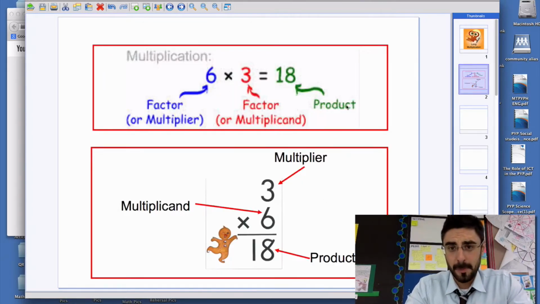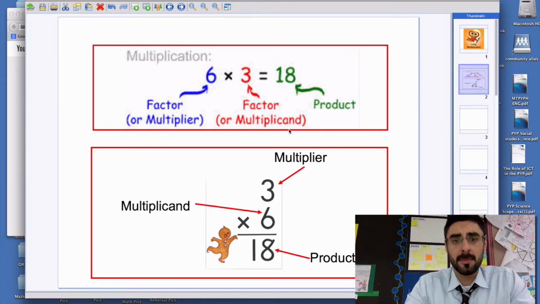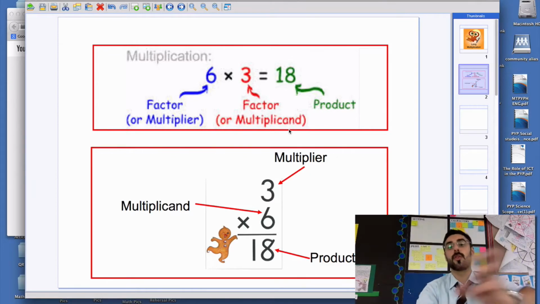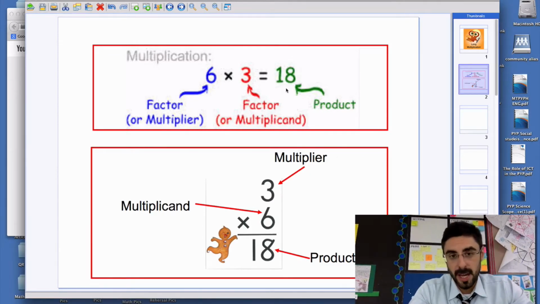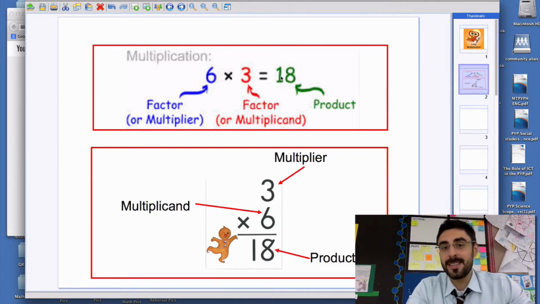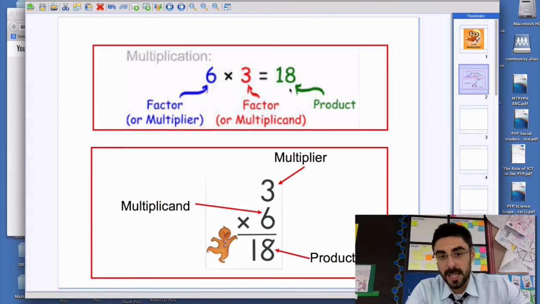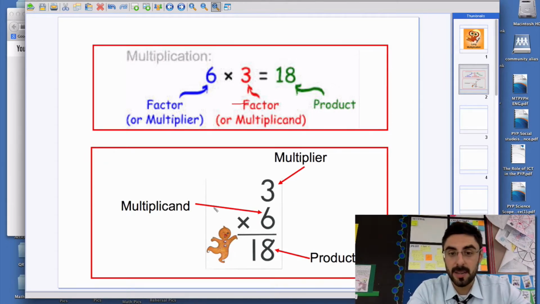If we look at this right here, there's some terminology, or in other words, some words that we need to know before we start using these numbers, okay? 6 times 3 equals 18. We can write our multiplication sentence this way, or this way down here, as you can see, okay? The long multiplication means we're going to do this. But before we do that, let's look at some words.